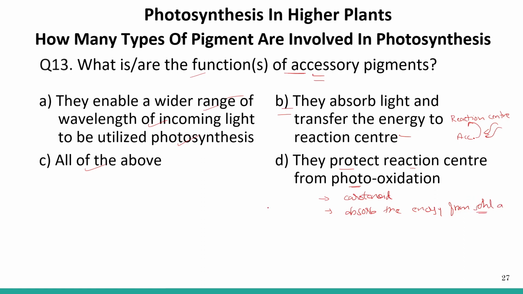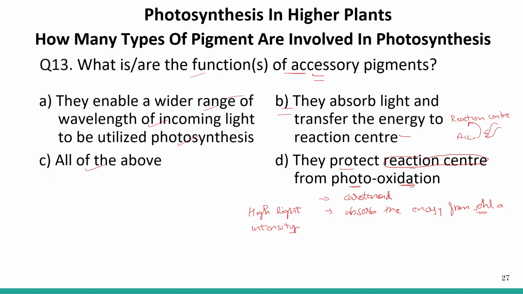Sometimes, at very high light intensity, the chlorophyll a molecule can undergo photooxidation. Photooxidation means release of electrons. During high light intensity, the reaction center, which consists of chlorophyll a, can undergo photooxidation.